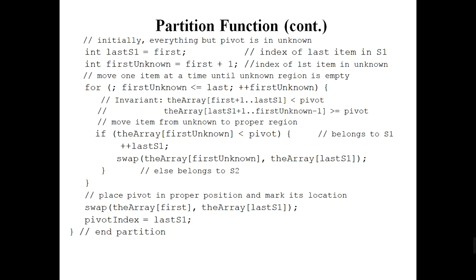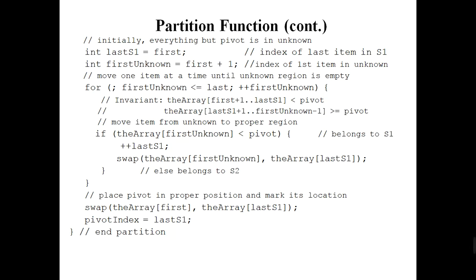Initially everything but the pivot is in the unknown region. Integer lastS1 equals first, the index of the last item in S1. Integer firstUnknown equals first plus 1, the index of the first item in unknown. Move one item at a time until the unknown region is empty.